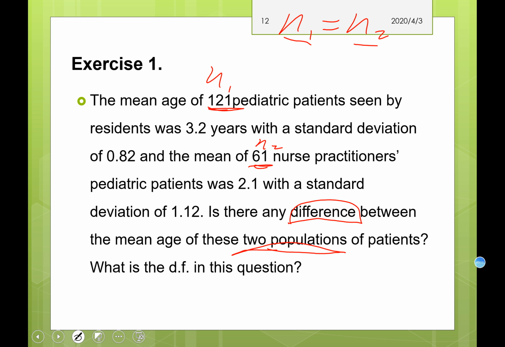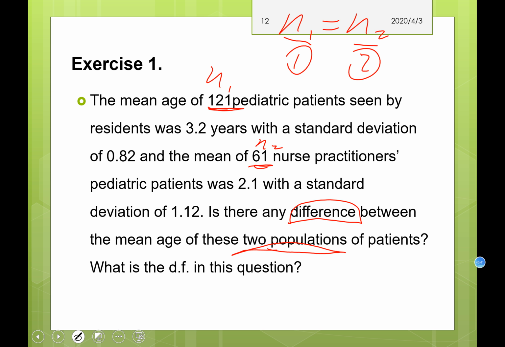Because if there is one person in sample 1, there must be a matched person in sample 2. So n1 and n2 must be the same.